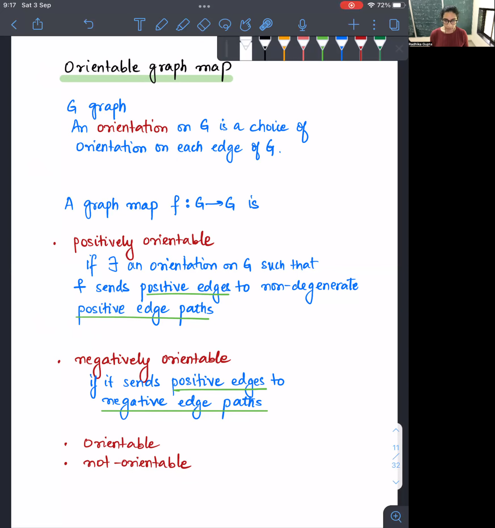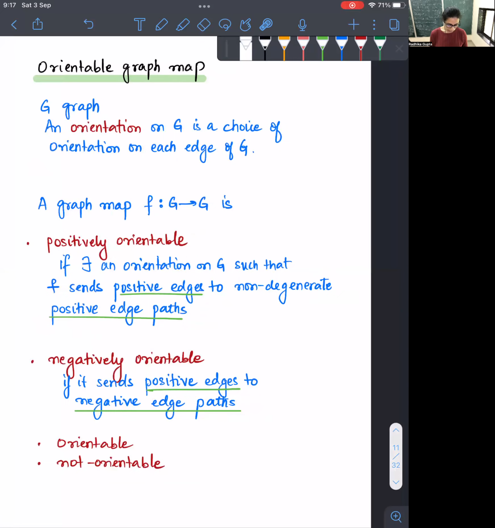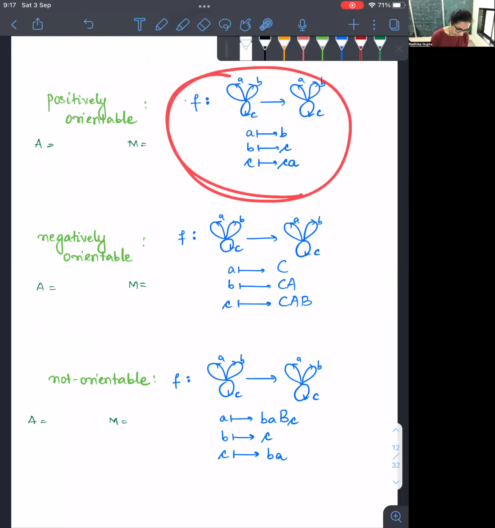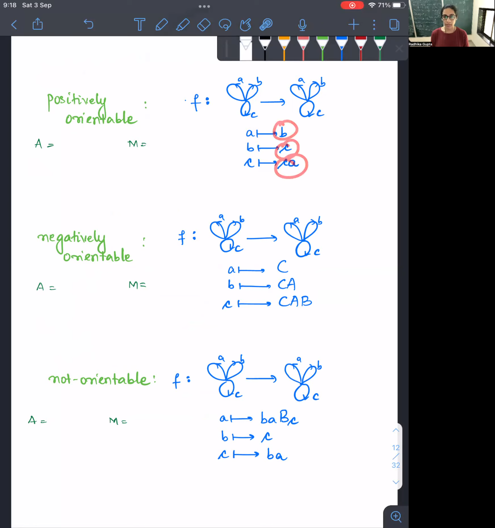So let's look at examples. So here is an example of a positively orientable graph map. So I have some orientation on all edges, and the small letters A, B, and C mean those positively oriented edges. So now under my graph map, each of these edges, A, B, and C, are mapping only to the positive edge paths. In the second example, the capital letters stand for the negative edge paths, the opposite orientation.